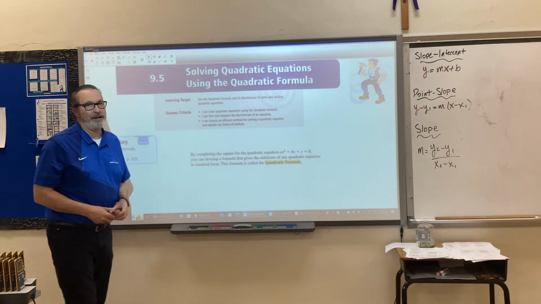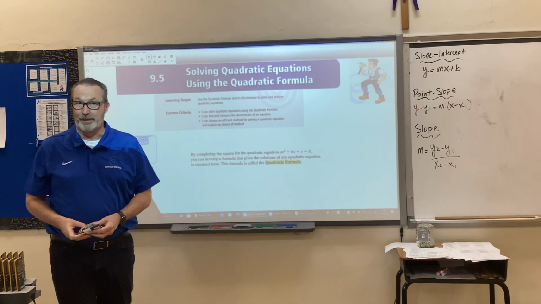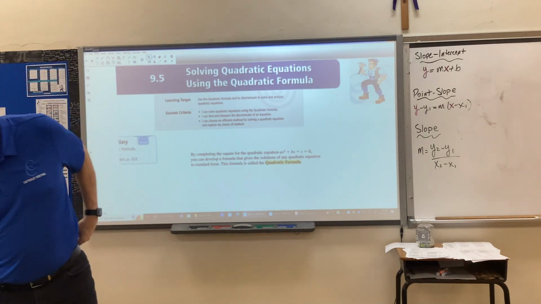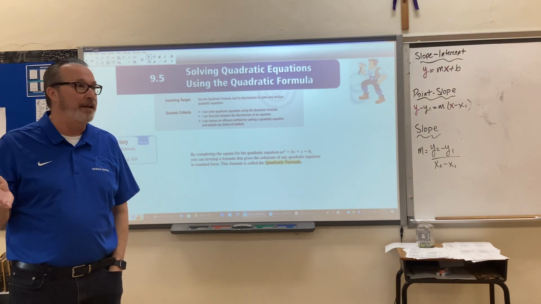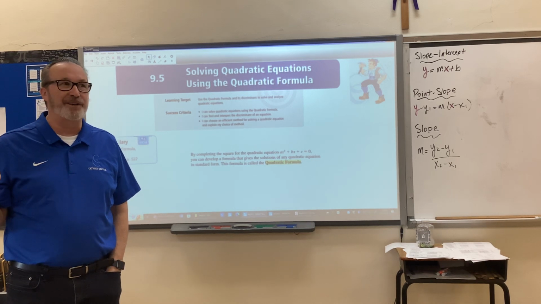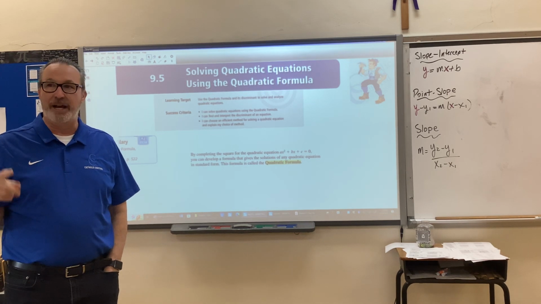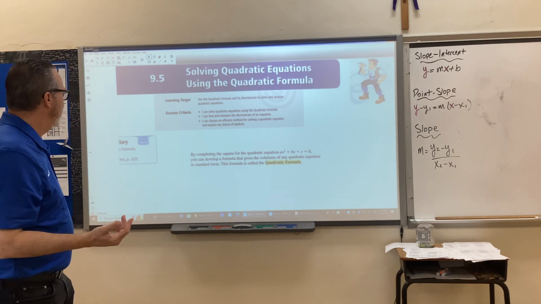The quadratic formula. So everything we've solved, right? We've solved quadratics in a bunch of different ways. We graph them and saw where they cross the x-axis, and that's the way you can solve a quadratic equation, right? Or you could factor it. Set each factor equal to 0.